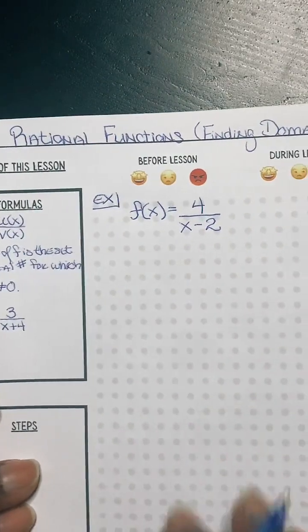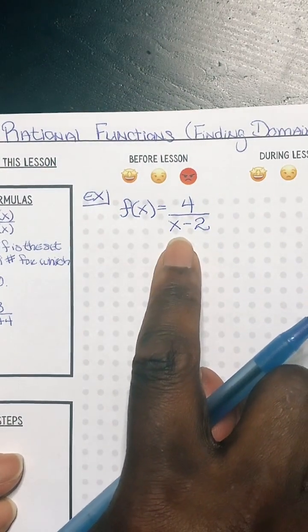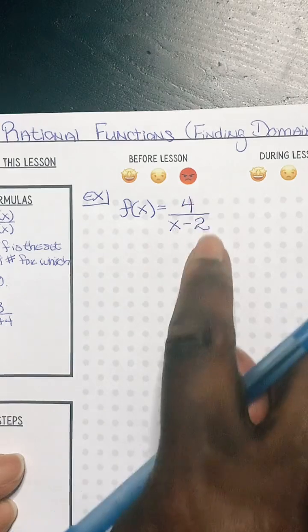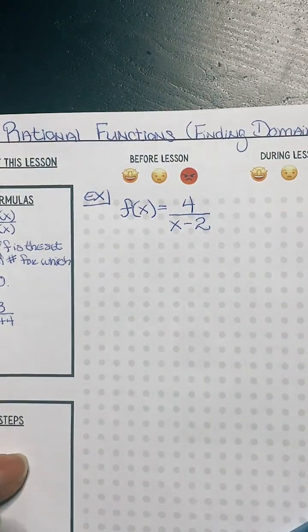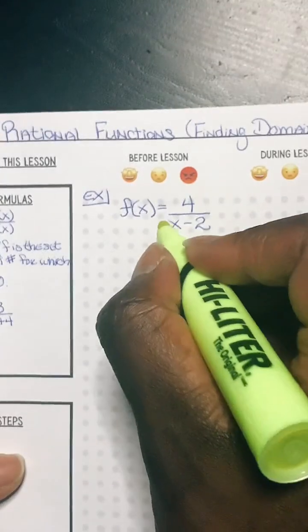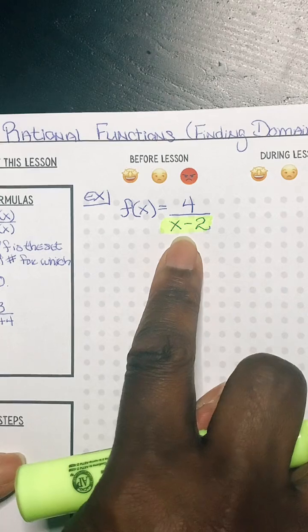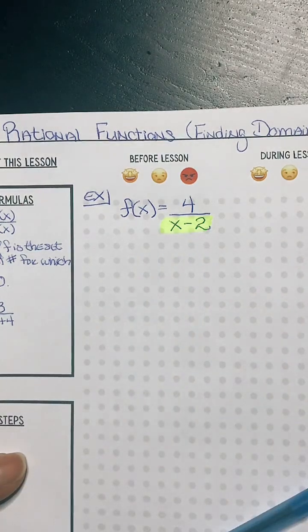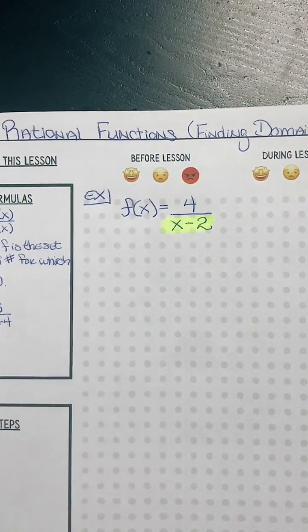So if anyone asks you to find the domain of a rational function, you always go to the denominator. You want to know what's going to make that denominator equal 0, because that's going to be the restriction.